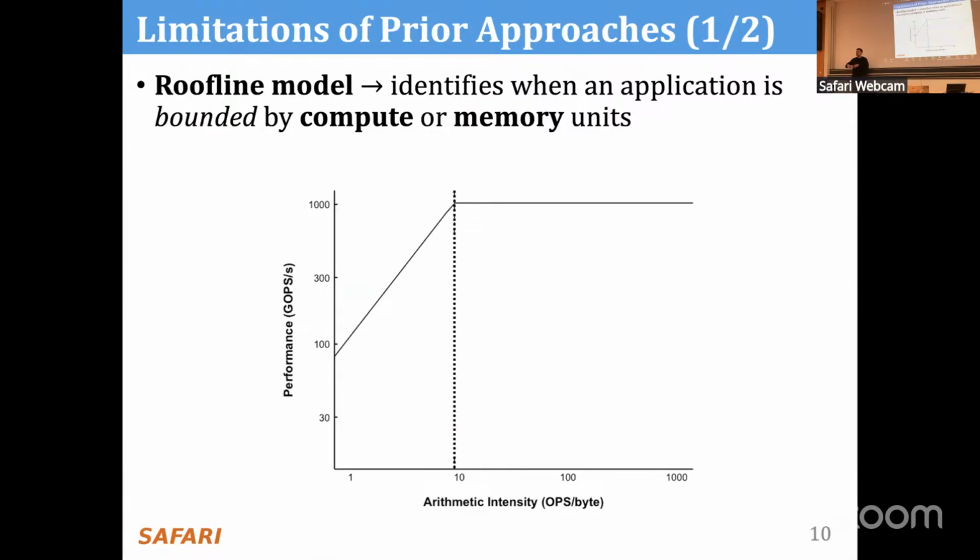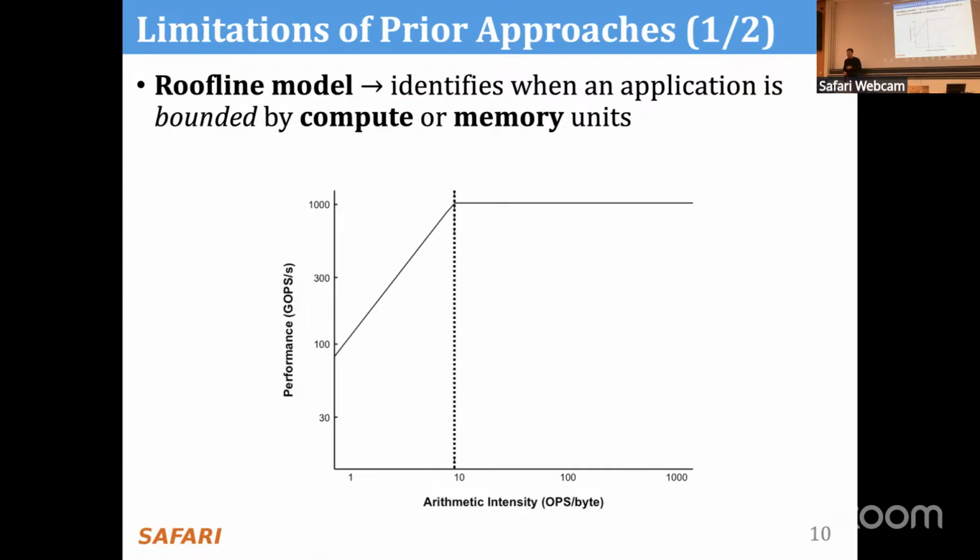If you do a lot of operations per byte loaded from RAM, you're good, right? You're not having underutilization. This is one metric that can tell you how much you're utilizing your resources. And on the y-axis we have the performance of your application in giga operations per second.